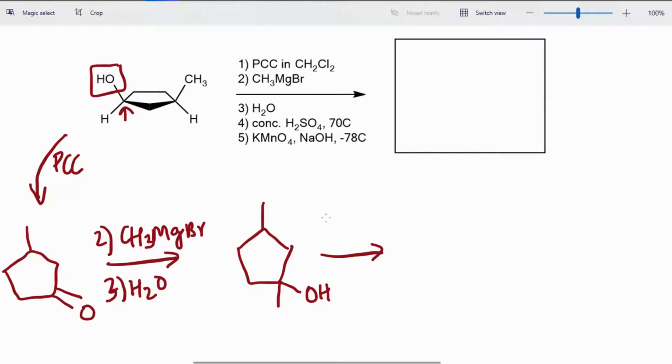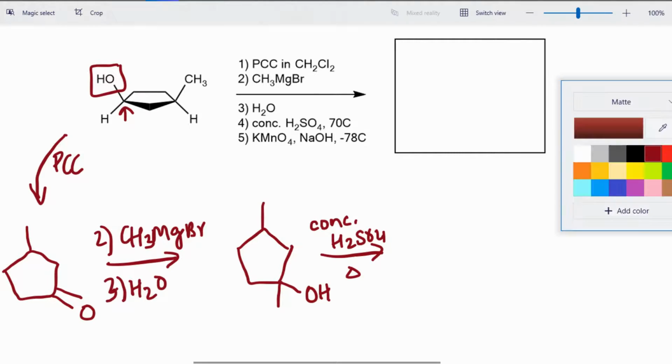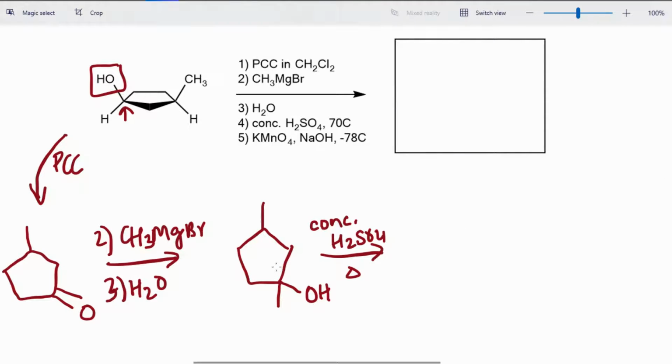Following that, we're treating it with concentrated sulfuric acid, H2SO4, and heat. Now, because this is an elimination reaction, you have to consider all beta positions, which I'm going to draw out in blue. So if this is the alpha position that contains the leaving group, the beta positions are 1 away from that, so that's beta 1, beta 2, and beta 3.